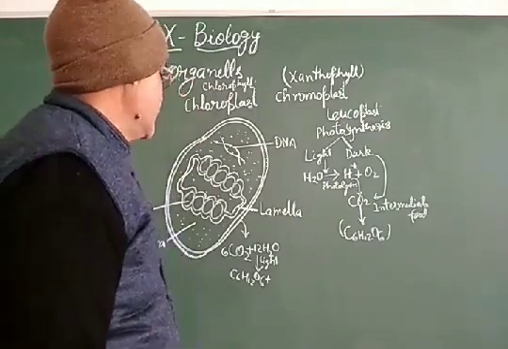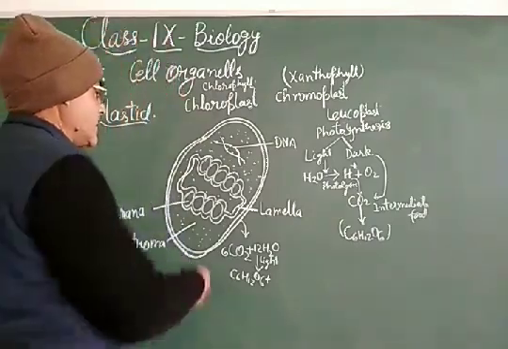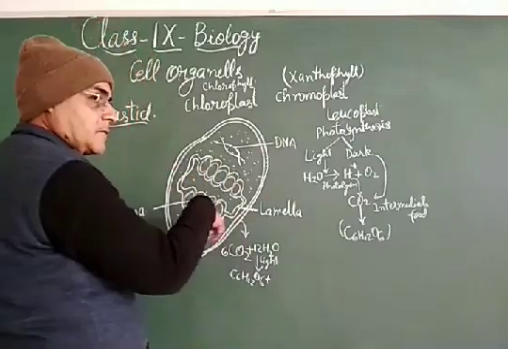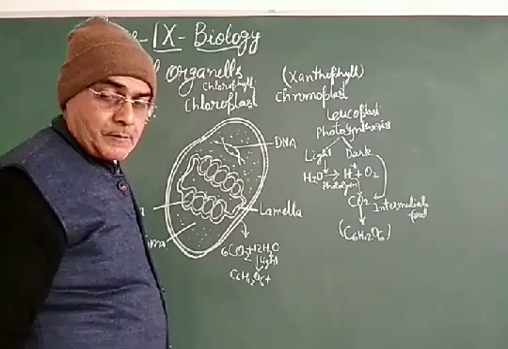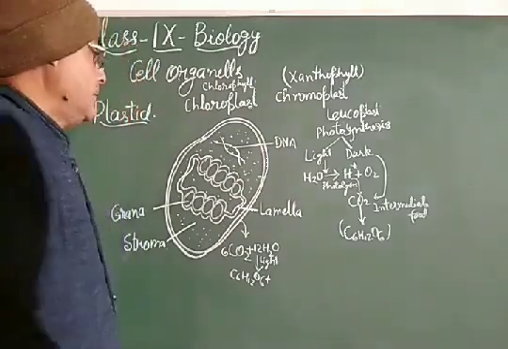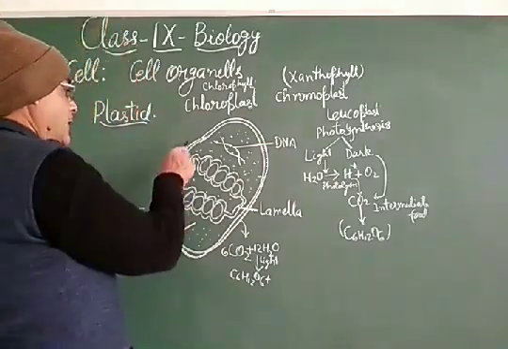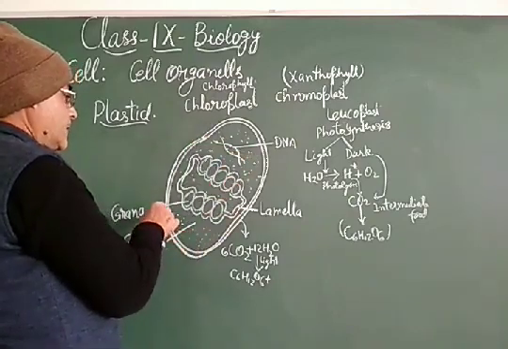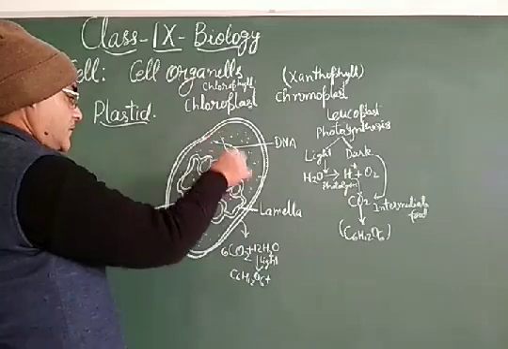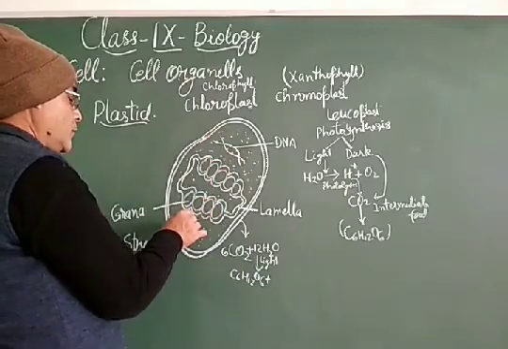Dear students, if you consider the structure of the plastid once again, it is a double membranous structure. This structure surrounds the complete cell organelle, which has deep grooves.